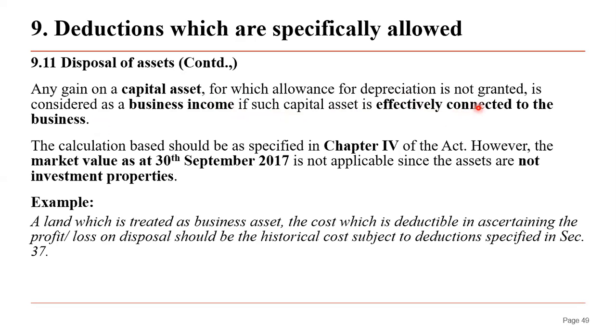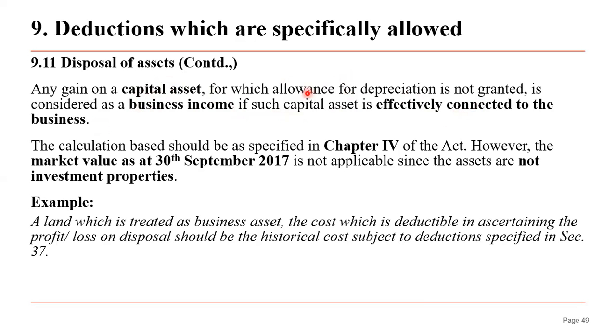Normally we calculate the capital allowance on depreciable assets. Here there may be some asset, a capital asset, but it is not a depreciable asset, right? Let's say land. We have a land, it is a capital asset, but it is not a depreciable asset.